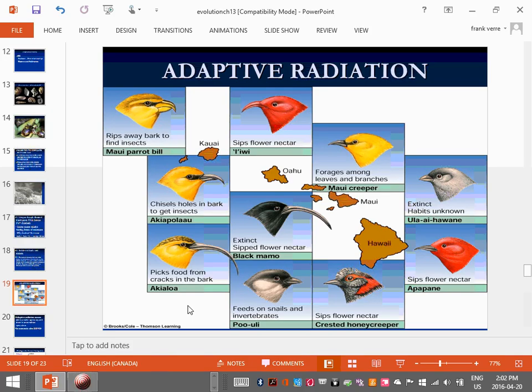A new environment opens up, with all these new opportunities, and then you get this explosion of different forms. Just like if a new set of islands pop up from under the ocean, new environment, you get all of these, and this is what you're seeing here, this explosion of different, in this case, different beaks. Okay? So that's what adaptive radiation refers to.